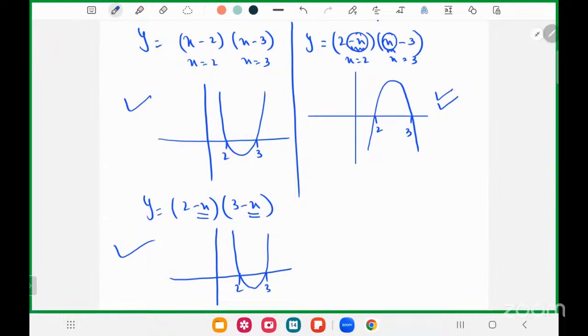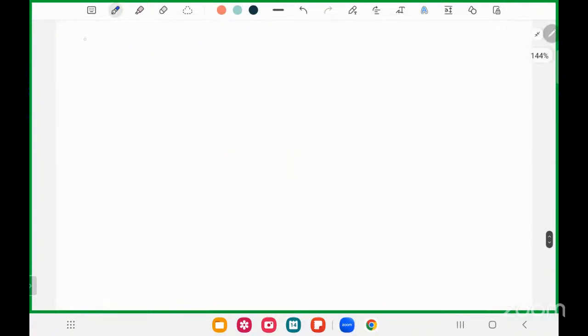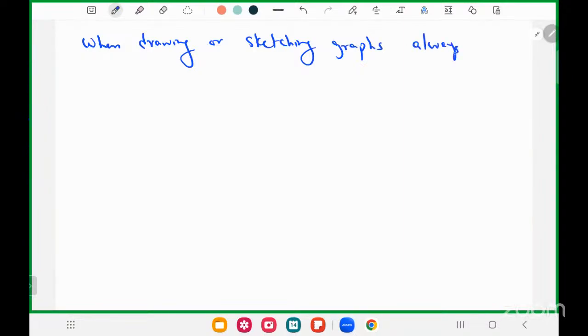Also, please remember that whenever we are drawing graphs or sketching graphs, it is mandatory to label the axis. Always label the axis, label the graph.